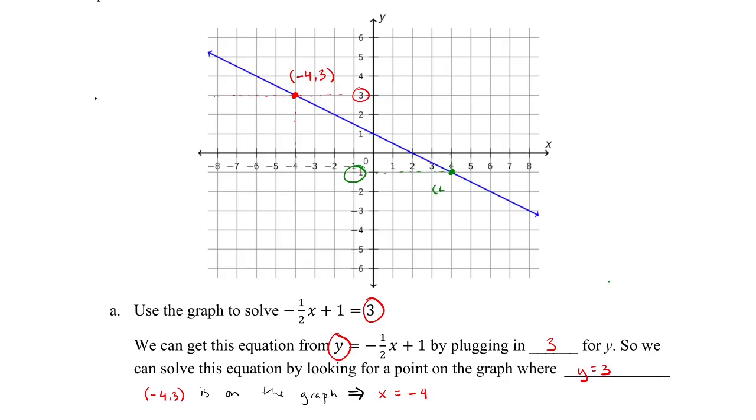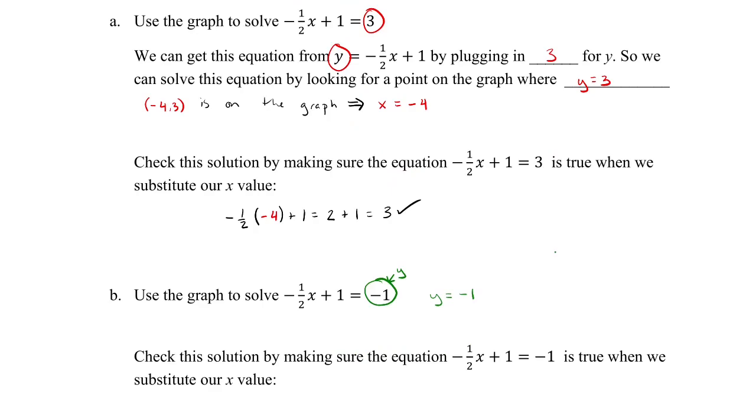This is the point 4, comma negative 1. And so since 4, comma negative 1 is on the graph, that tells us that the solution to our equation in one variable is x equals 4.